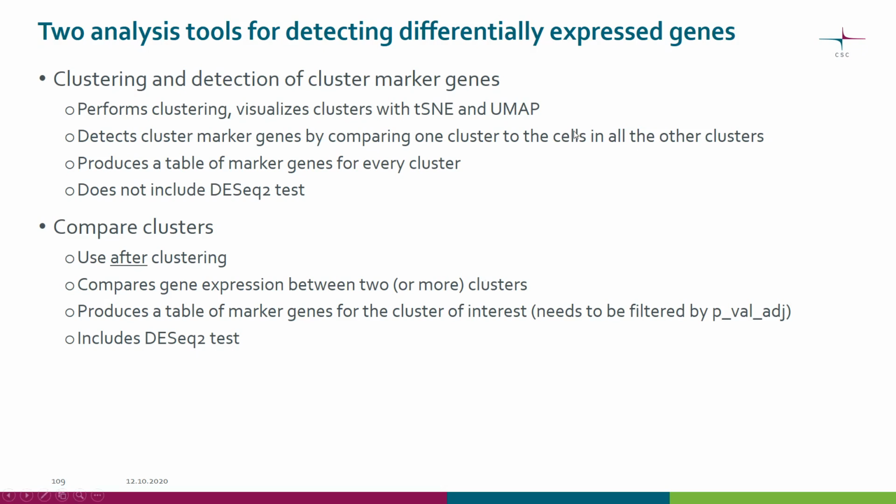Or you can also do the same as here, so one cluster versus all the other cells. As a result table, you get a table of genes, but you should note that all the genes are there, so you still need to filter it by the adjusted p-value. And now this tool does include the DESeq2 test because you typically run this tool for a smaller number of cells since it's only a couple of clusters.